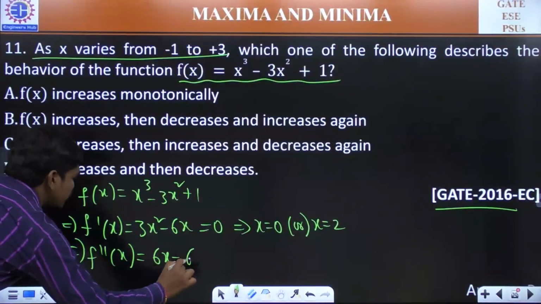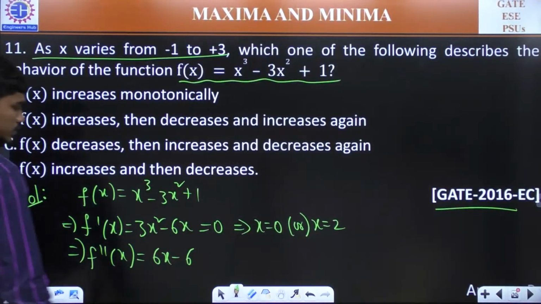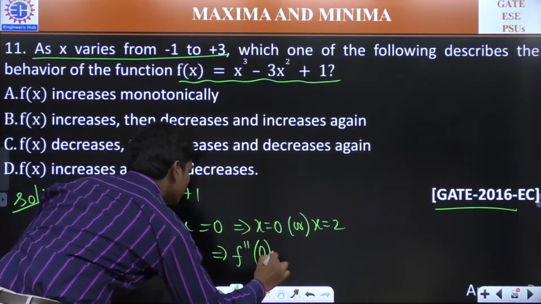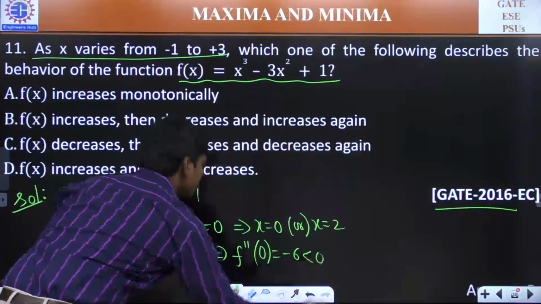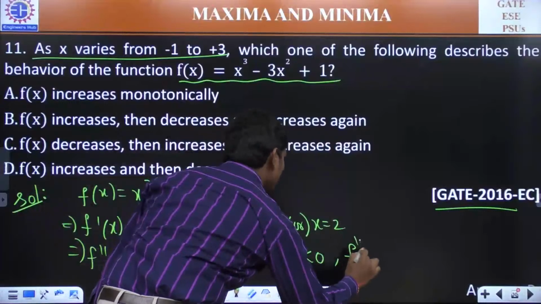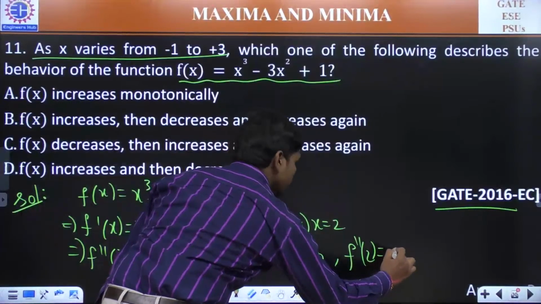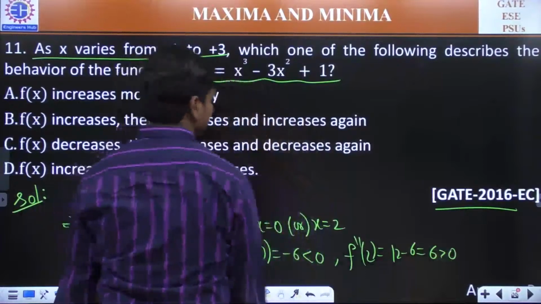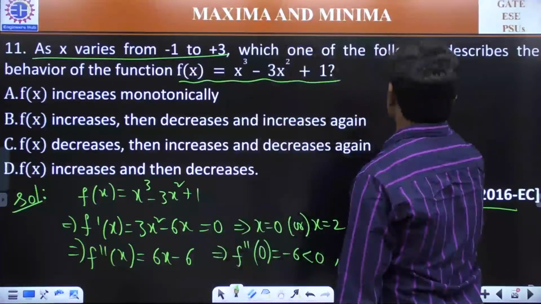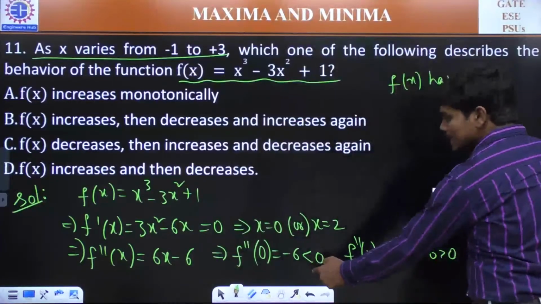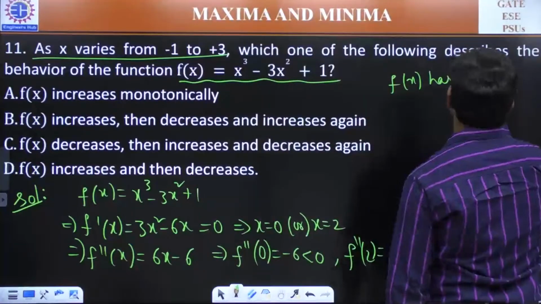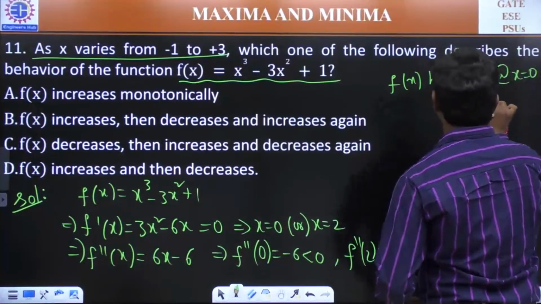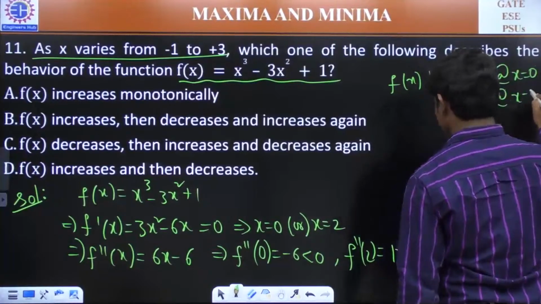6x minus 6. Okay, so this implies f double dash of this stationary point 0 is minus 6, which is less than 0, and f double dash of 2 is 12 minus 6, which is 6. Of course, this is greater than 0, which means, can you tell one thing? f of x has maximum at x is equal to 0, and minimum at x is equal to 2.